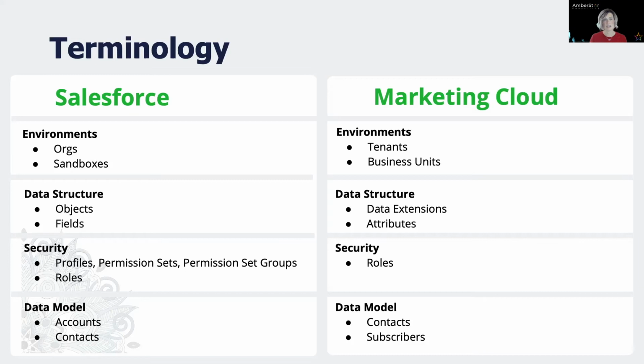In terms of the data structure, within Salesforce, we are familiar with objects and fields. Within Marketing Cloud, we actually capture data in data extensions, and what we would describe as the fields or columns on those are typically referred to as attributes. They are not quite the same as objects in Salesforce, although they perform a very similar task.